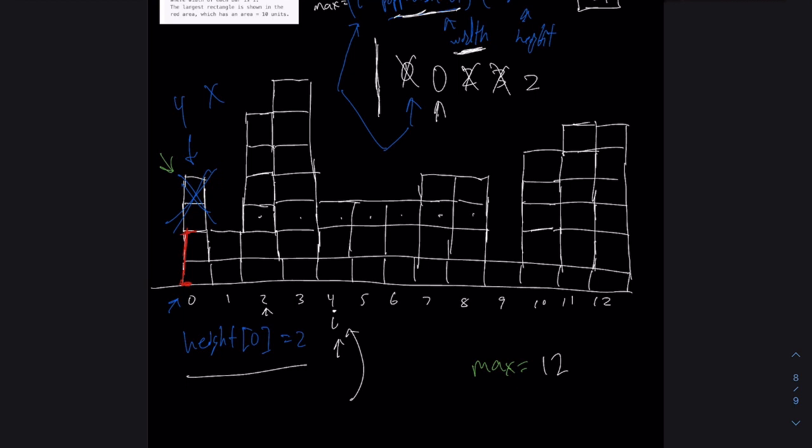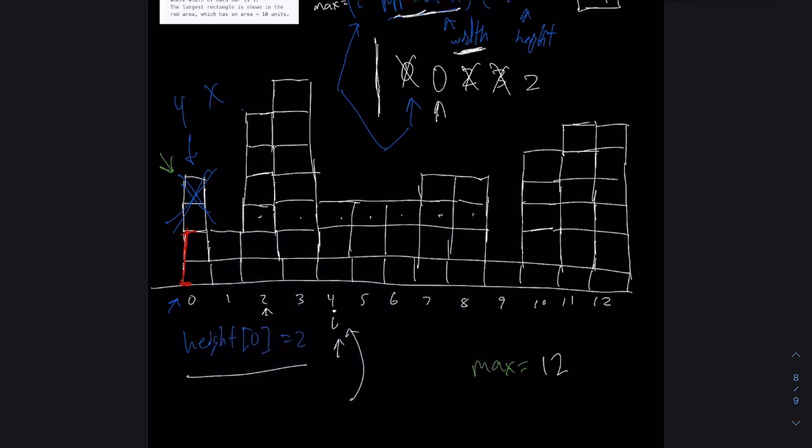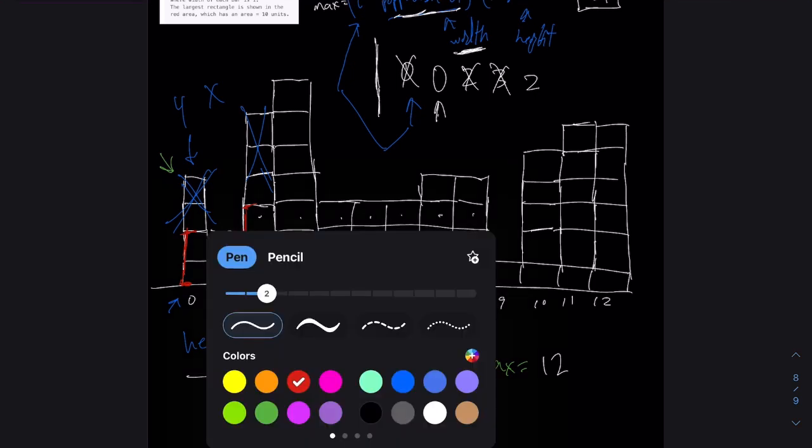So we know it can include this 3. So basically, we're going to do the same thing. We use 2 and we update our index 2 to reflect a height of 3. So we're going to be using this segment right here. Does that make sense?